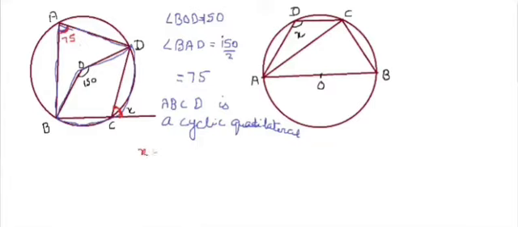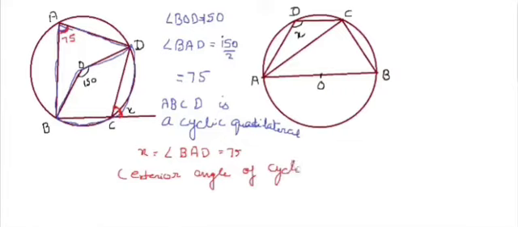So I can write x equals angle BAD, which is 75, and the reason is: exterior angle of a cyclic quadrilateral is equal to the opposite interior angle.